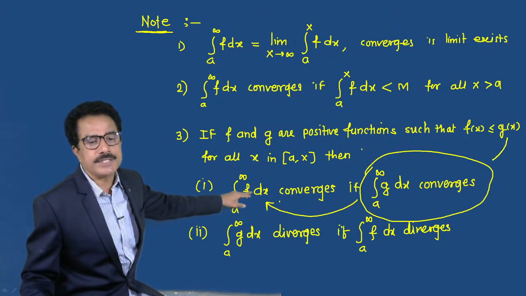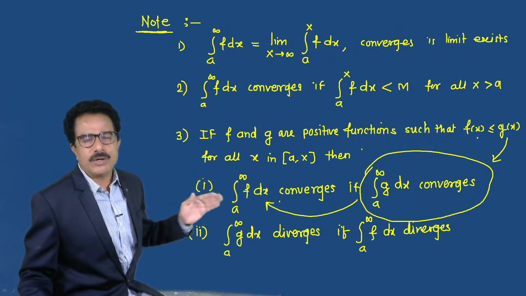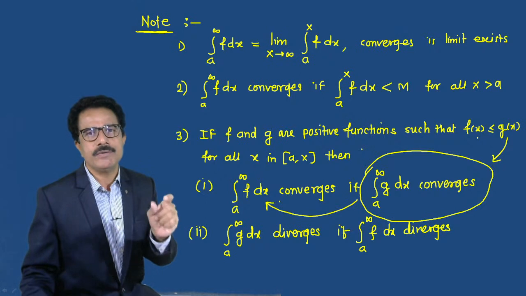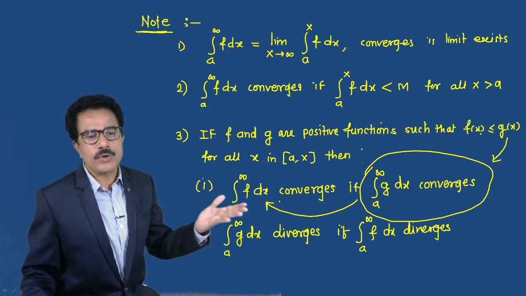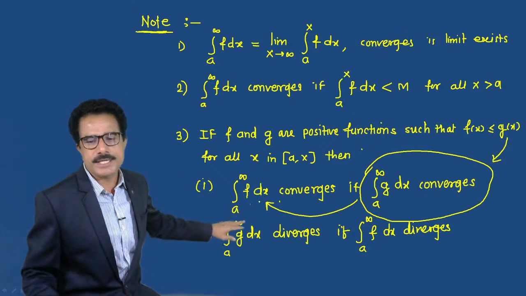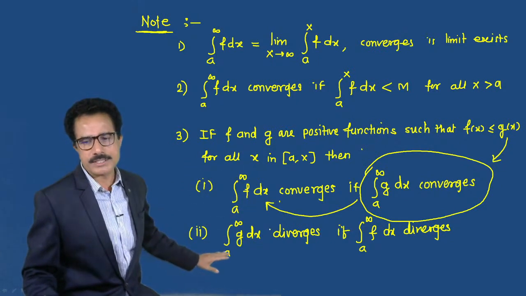Because g of x is greater than f of x, and if g converges, it has a real limit, its value is less than some real number M. So f is also less than some real number, so the integral from a to infinity of f dx also converges.